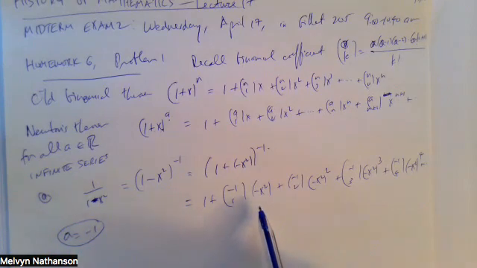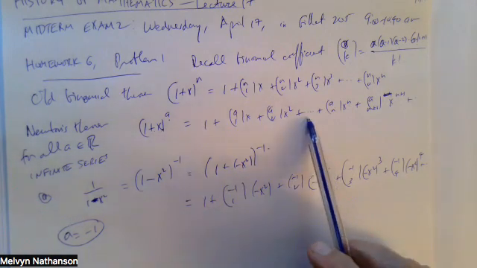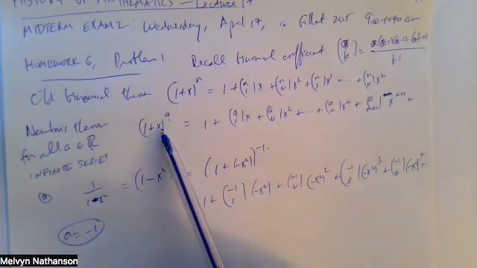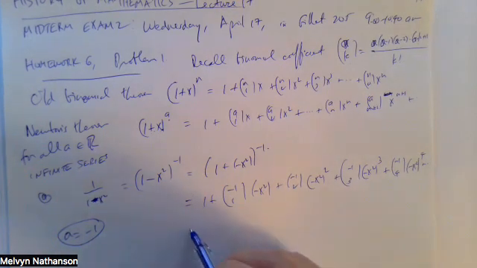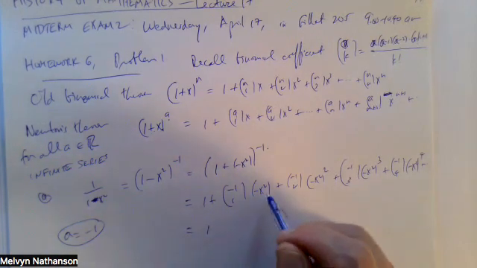So before I calculate this, you have to make sure you understand how I got this. This is the binomial theorem, and I'm using the exponent a, and my x in this example is minus x squared. So let me do this in 2 steps. This is 1. This is minus x squared.